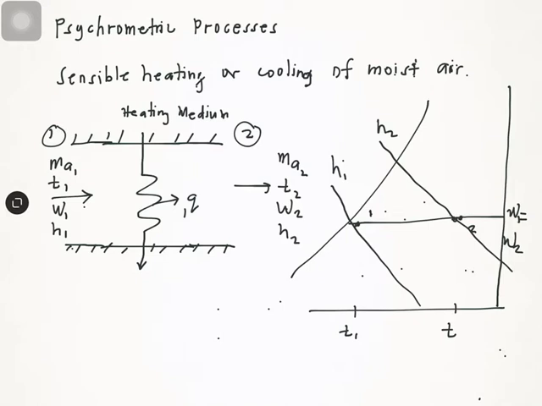So this is our schematic device. As air passes through the heating medium, following this arrow, the temperature of air will increase at point 2.